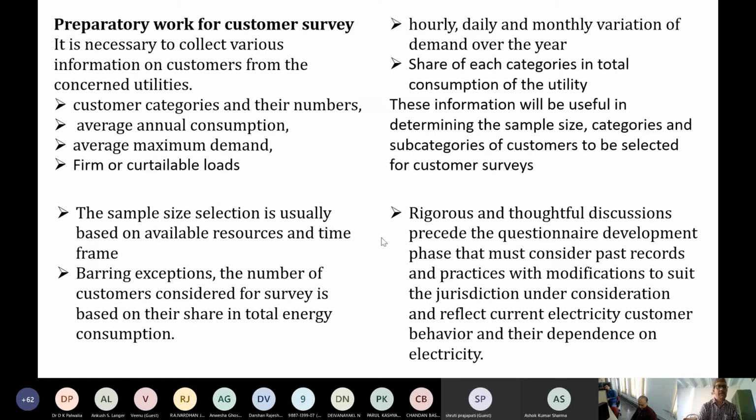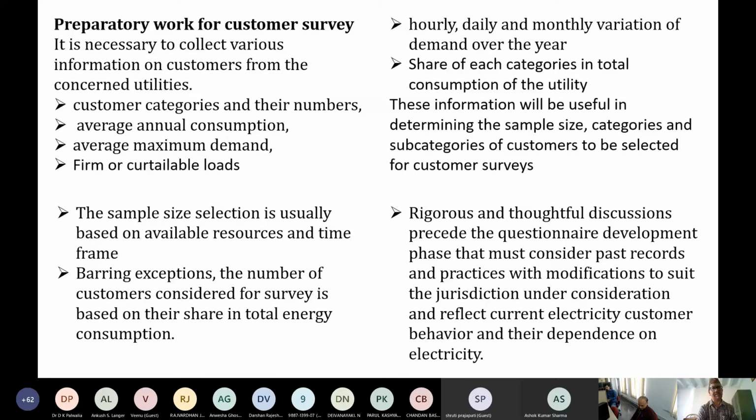So to carry out a successful customer survey, these are the necessary steps we need to know. It is necessary to collect various information on the customers from the concerned electric utilities: customer categories and their numbers. How many residential customers are there within the jurisdiction of a particular utility?